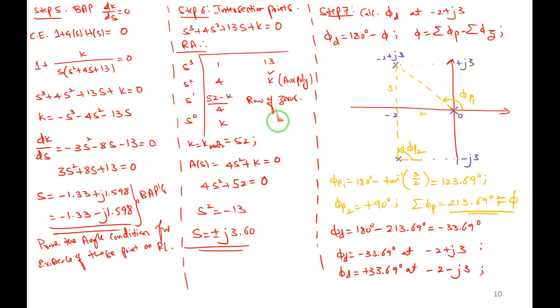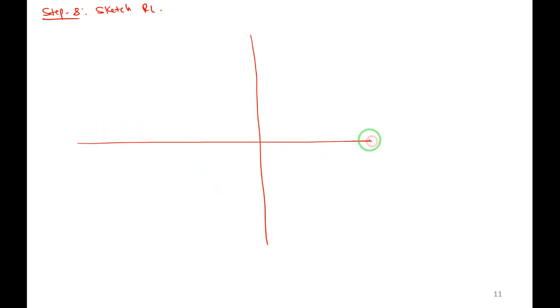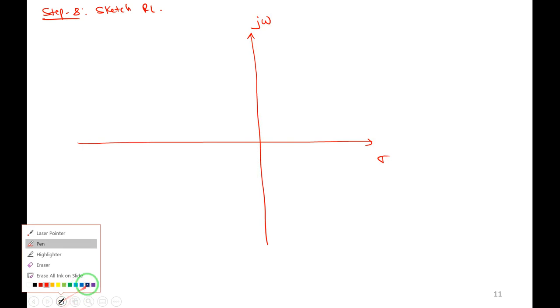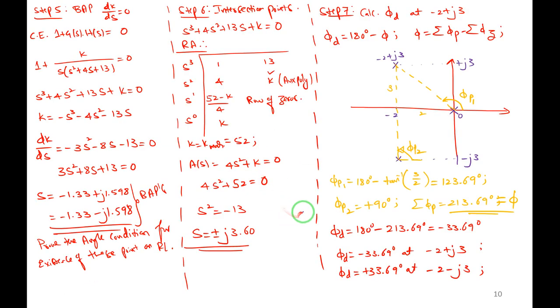Step 8, we'll sketch the root locus. Sigma, j omega. If any doubts, please unmute yourself and talk to me so that I can clarify your doubts immediately. At 0, a pole is located.